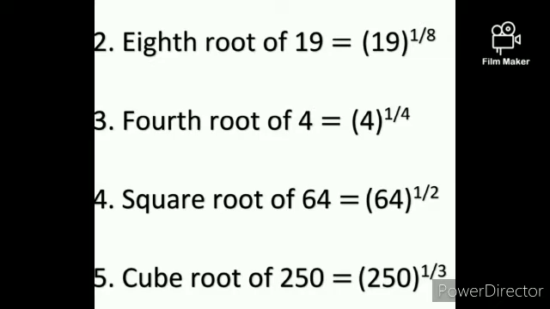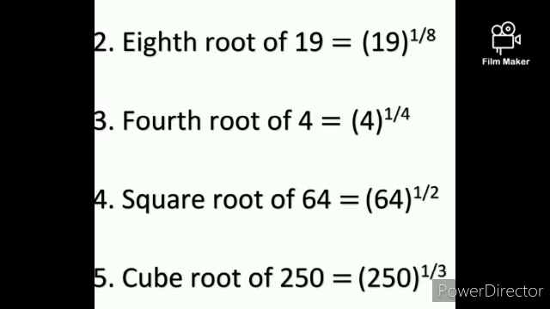The next example, eighth root of 19. Here again, what is the number given? Yes, 19. So 19 has to be written in the bracket. That is your base. Then what have they asked? Eighth root.